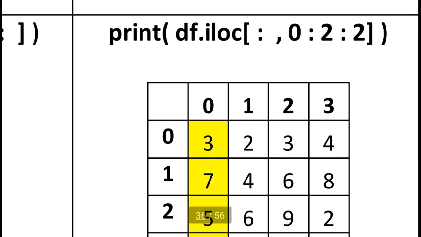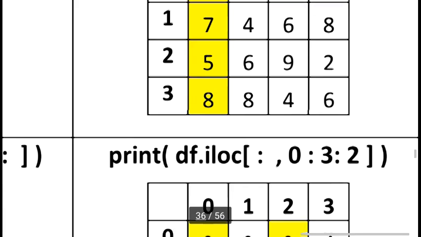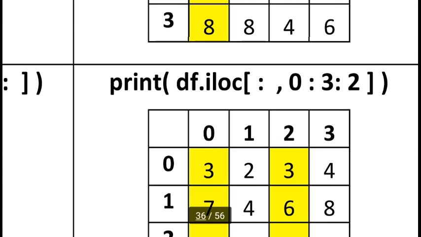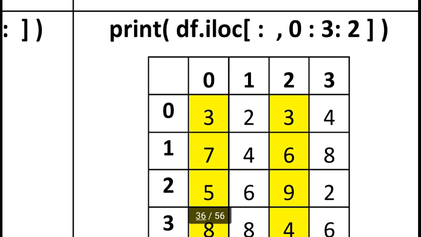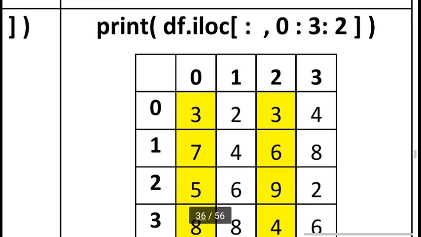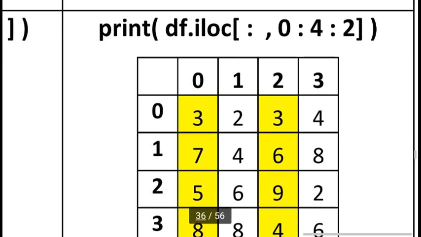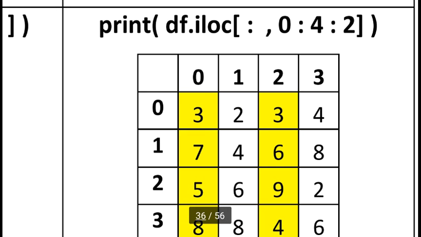Start from 0, stop at 2, but with a 2-step gap it will not include it. 0 to 3, 0 colon 3 colon 2. So the 0th column is included, the first index column is not included, and 2, 3, 6, 9, 4. And I want to select only the 0th, first and third column. So here I am writing colon comma 0 colon 4 colon 2.